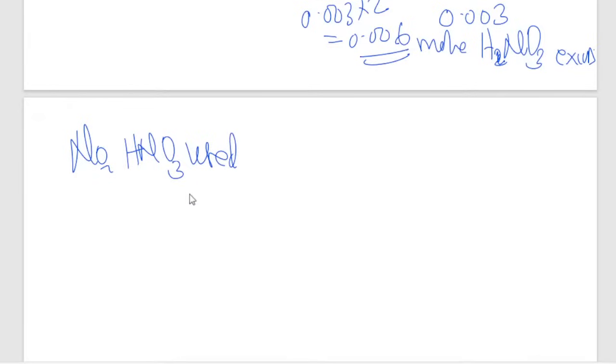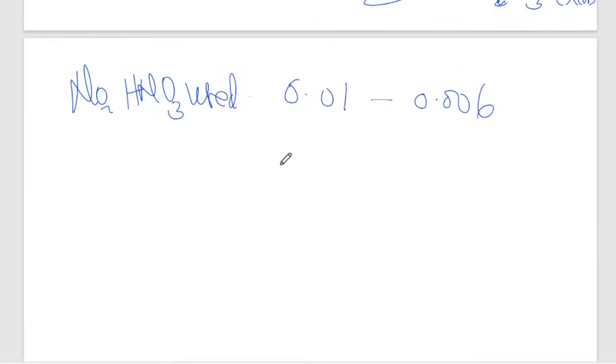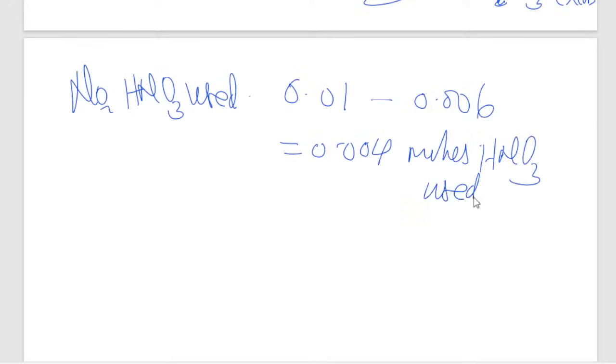So now here I'm gonna have 0.01 minus 0.006. You see, that is the number of moles. When you subtract, you must subtract it nicely, then 0.004 moles. So these are the number of moles of nitric acid used at the first run, the first instance.